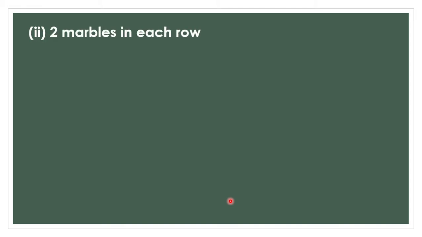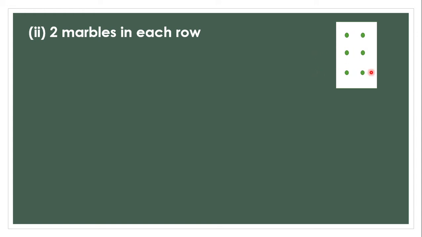Now, we'll see another arrangement. 2 marbles in each row. Here is the arrangement. See here, 2 marbles in each row. In the first row, 2 marbles. Second row, 2 marbles.